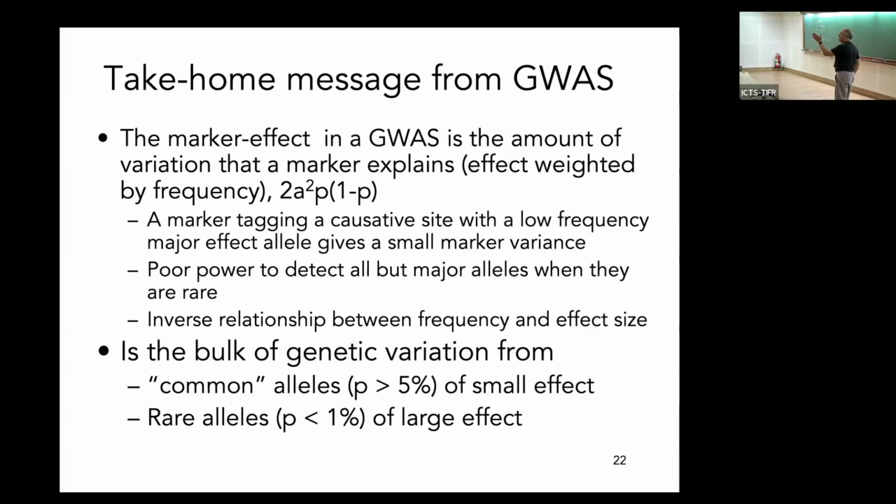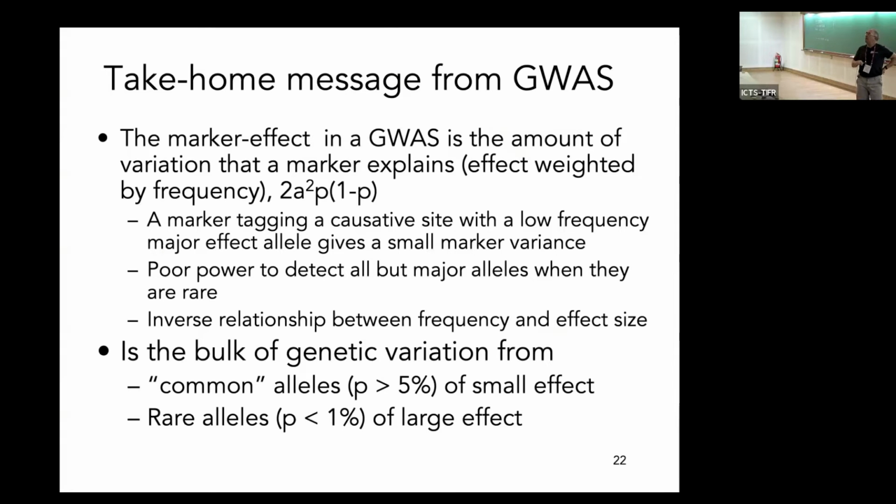It's how much variation in the trait is accounted for by the marker genotype. So I'm estimating what fraction of variance is accounted for by the marker. That fraction of variance is the causal variance times R squared, which is how associated that marker is with the causal site. So we see small effects, which means we see small variances.